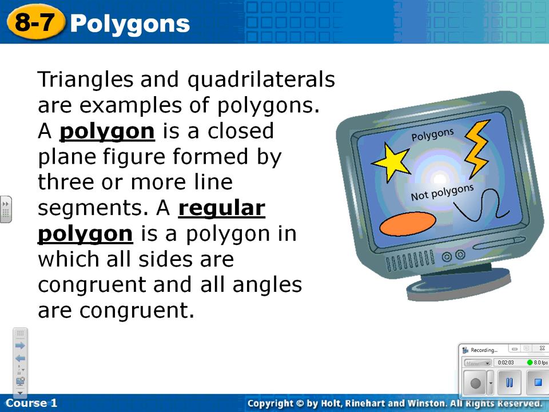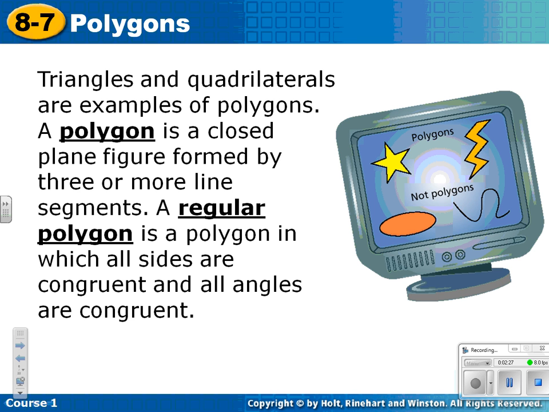Something else I need you to understand is a regular polygon. A regular polygon is a polygon in which all sides are congruent. There's a word, congruent. Who can tell me what the word congruent means? Same length, same size, same measure, same. Congruent means the same.